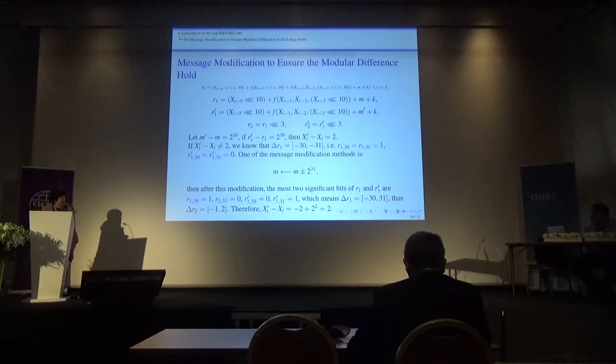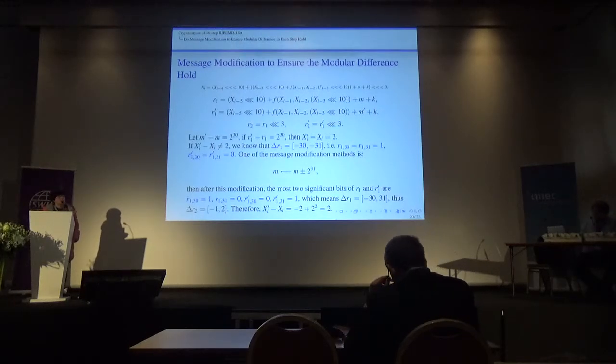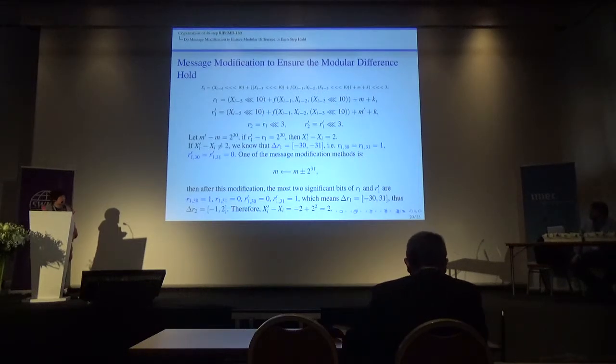One of them is as follows. By this message modification, we can change the most significant bits of R1 and R1 prime. Then we can get x_i prime minus x_i equals 2^31. So the modular difference can be held by the message modification.